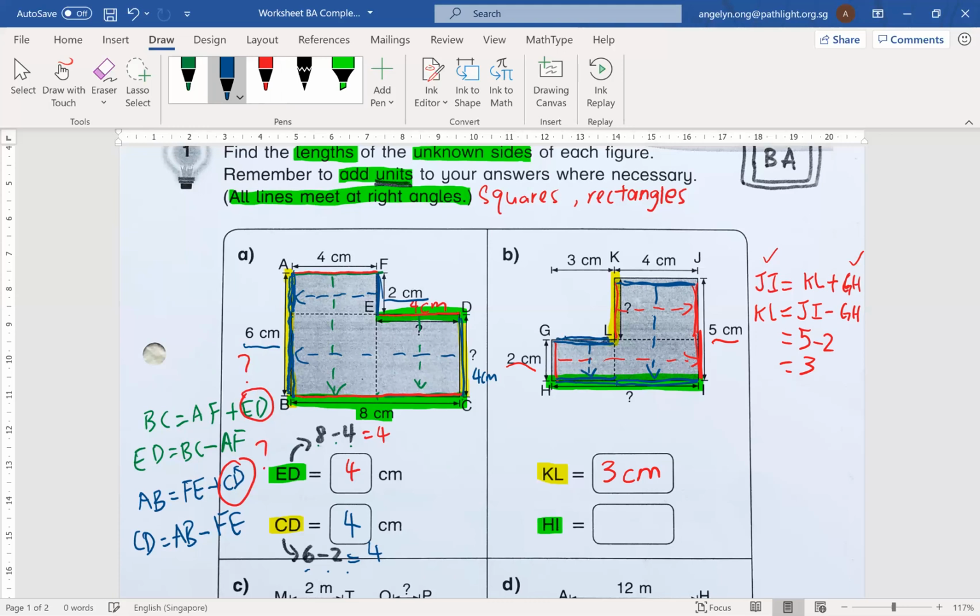We know it's 3 cm, see here. And KJ is 4 cm. So I can say that HI is equal to KJ plus GL. So that is 4, because KJ is 4 cm, plus GL, which is 3 cm. And that will equal 7. So HI equals 7 cm.